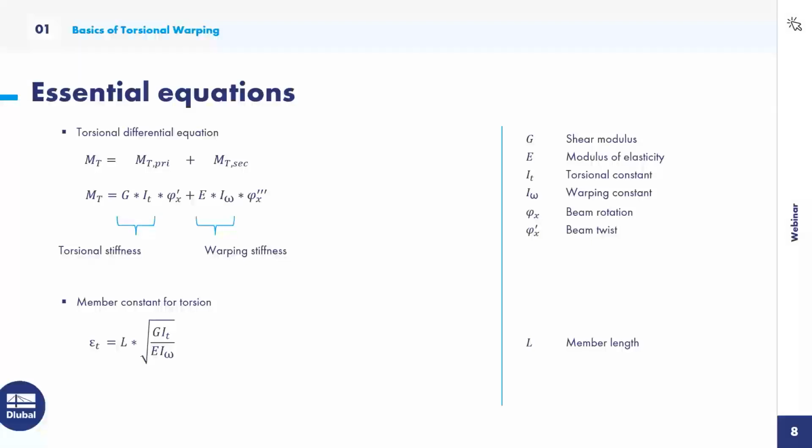And we can also go one step further. It's very common to simplify this torsional differential equation by dividing by the warping stiffness, and then we get this factor that stands here in the square root. And this part of the equation is then called the decay factor.